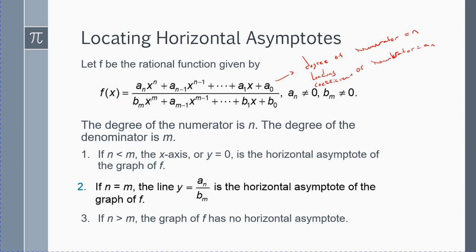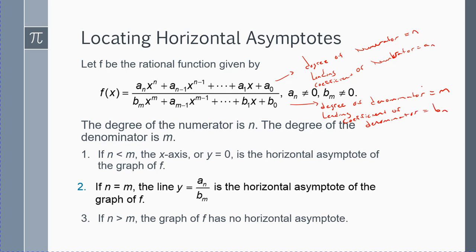And then you need to know the degree of the denominator, that's m, and the leading coefficient of the denominator, that's b sub m.